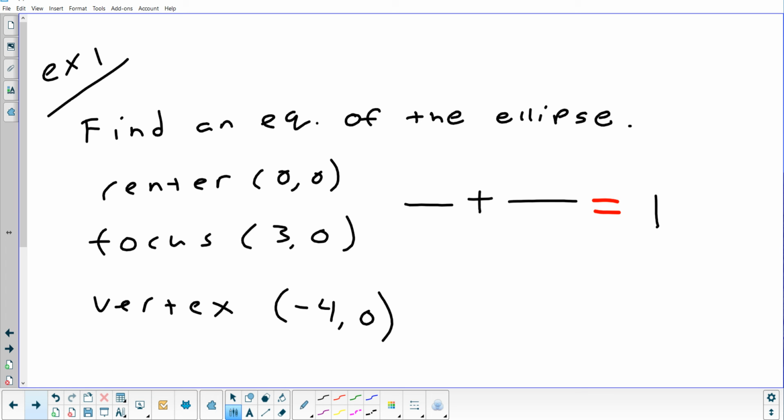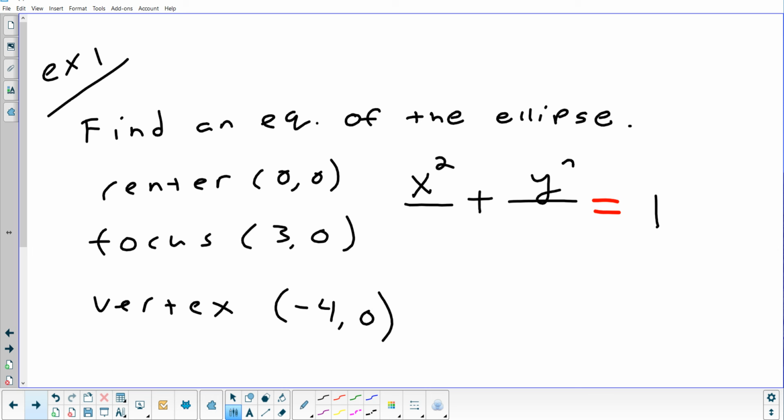So today we're adding. What always goes in the first numerator? X squared. And what goes in the second numerator? Y squared.